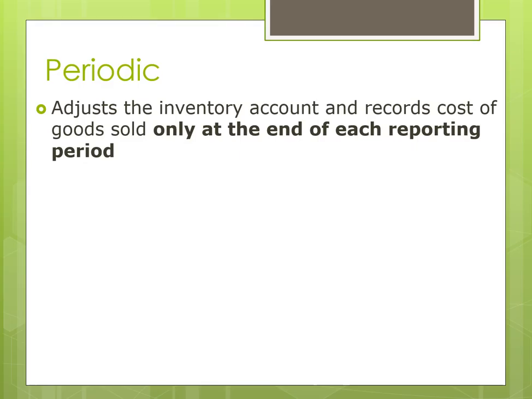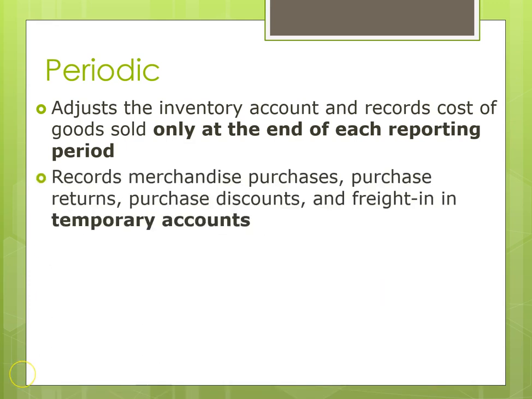Now, periodic. We adjust the inventory account and cost of goods sold only at the end of each reporting period. Record purchases using new accounts called purchases, purchase returns, purchase discounts, and freight in. These are temporary accounts, and we're going to adjust these every time we do a physical inventory.